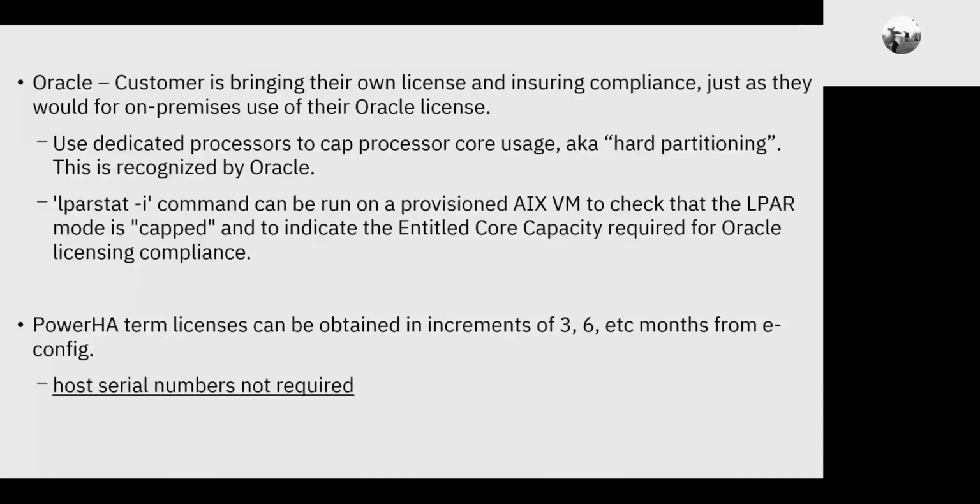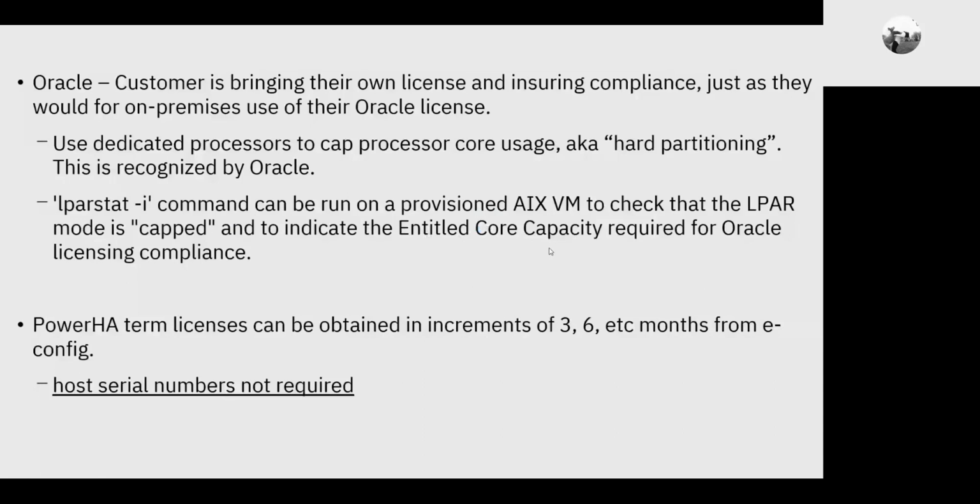Now, Oracle is okay to run in the cloud because Oracle doesn't really distinguish between cloud and on-prem when it comes to their licensing requirements. The main thing that they want to see is you're doing what's called, in some of the documentation, hard partitioning. You have capped processor allocation. So shared processors, I mentioned you can use shared processor.